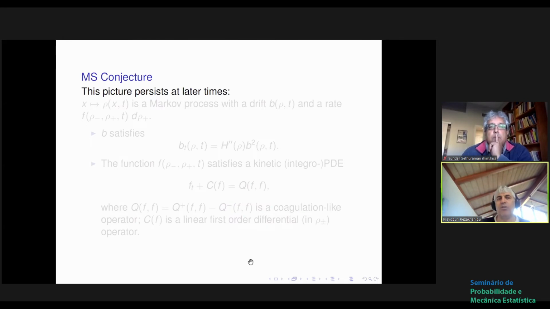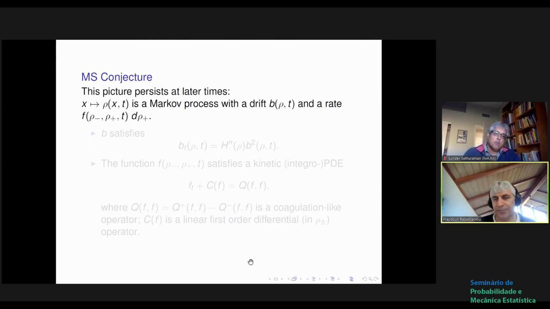And remarkably, according to this conjecture, this picture persists at later times. You again have a Markov process. It has a drift. The drift, which initially was B0, now becomes B rho T. So the drift would depend on time. And the jump kernel, when you make those jumps, also evolves with time.